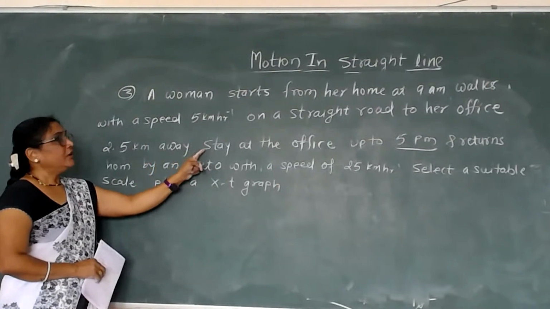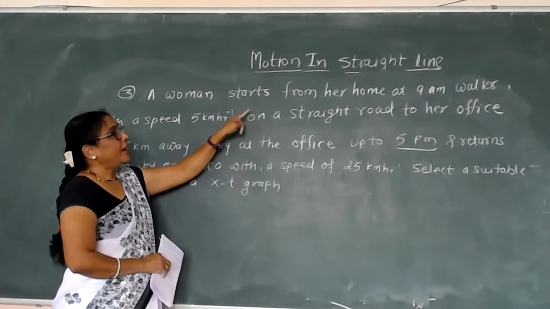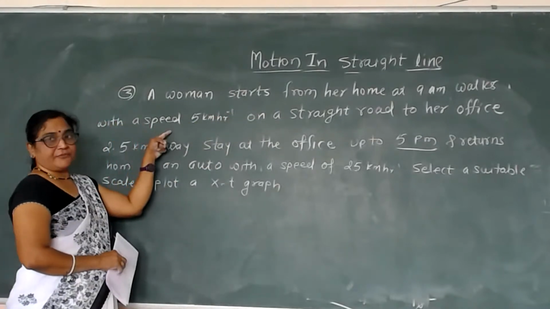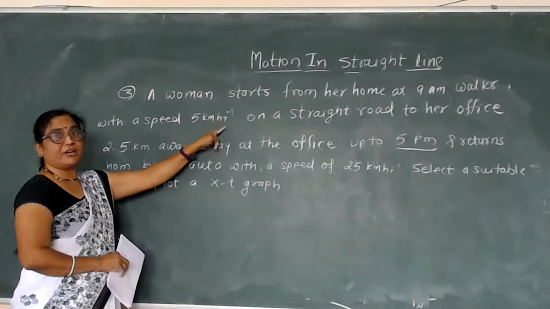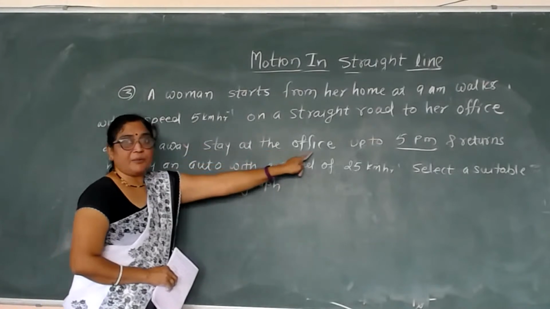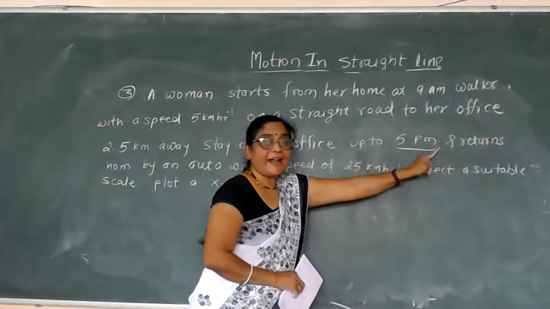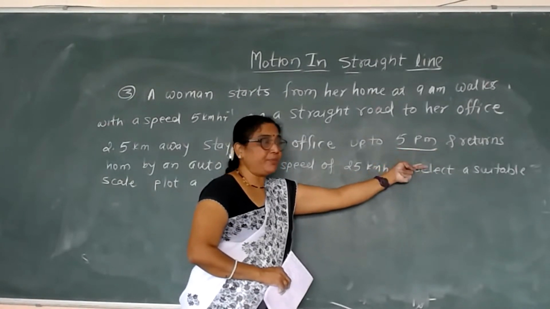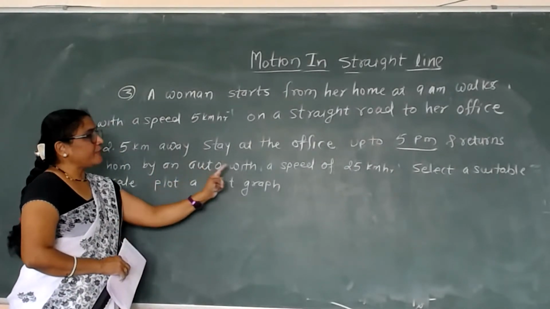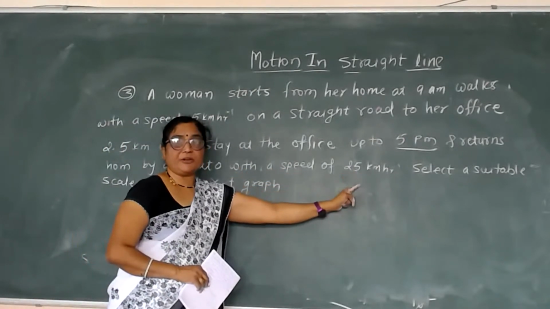Stay at the office means one lady at 9 a.m. walks with the speed of 5 km per hour to the office. She stays in the office up to 5 p.m., and returns means after 5 p.m. she returns home. But when she returns home, she comes with the auto with a speed of 25 km per hour.